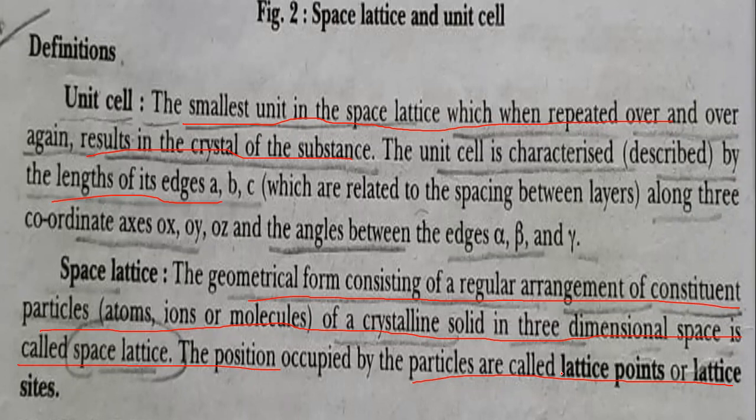The unit cell has characteristics like the length of its edges, shown as small a, b, c, along the three coordinate axes OX, OY, and OZ. The angles between the edges are written as alpha, beta, and gamma.